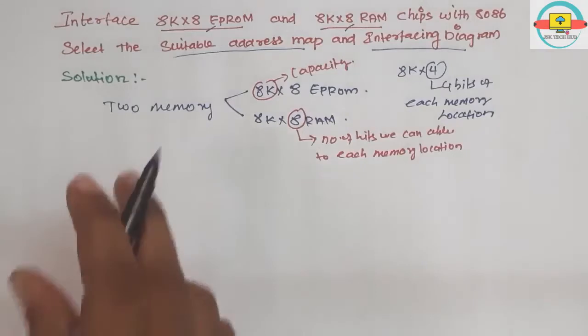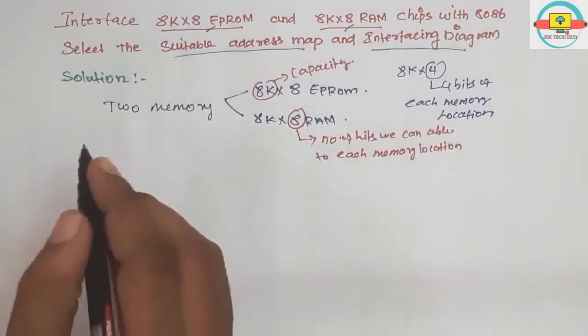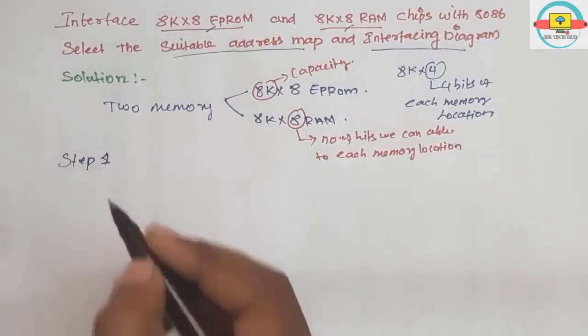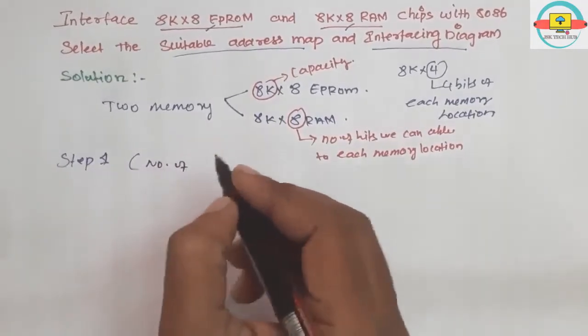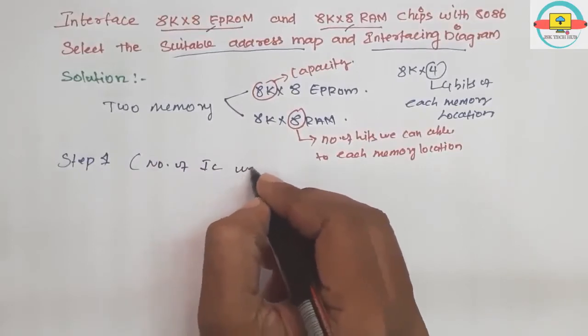To interface the memory with the microprocessor, step 1 is to calculate the number of ICs we require.